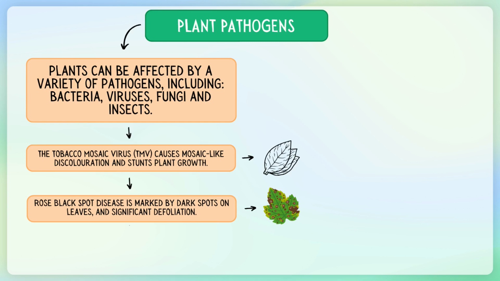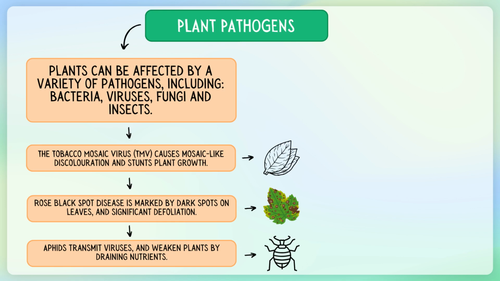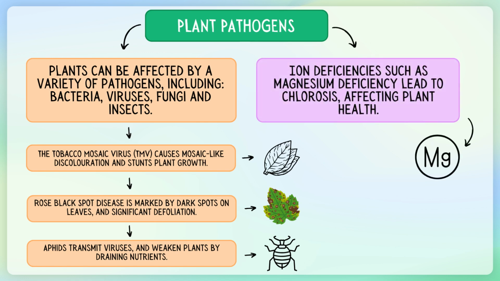We also examined the threat of insect pests, focusing on aphids, which transmit viruses and weaken plants by draining their nutrients. This makes aphid pests very difficult to control. Additionally, we reviewed how ion deficiencies, such as the magnesium deficiency that leads to chlorosis, which is yellowing leaves, can affect plant health.